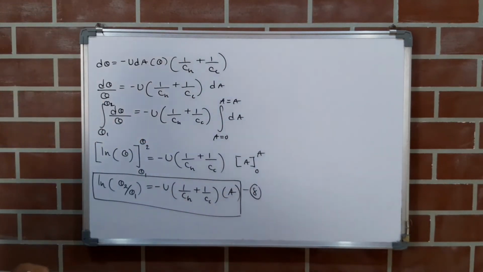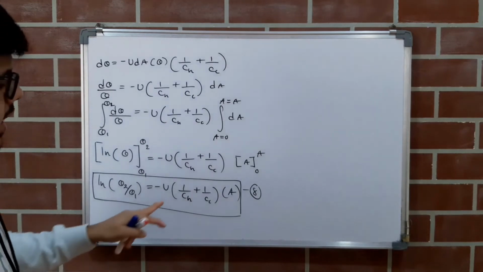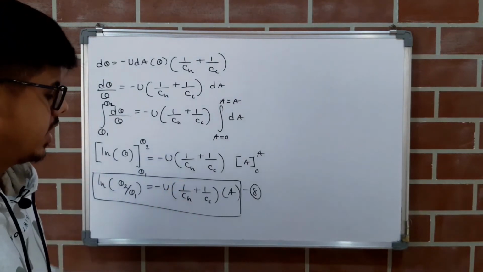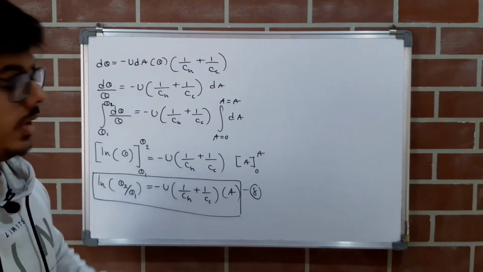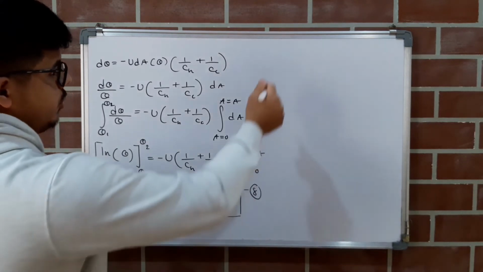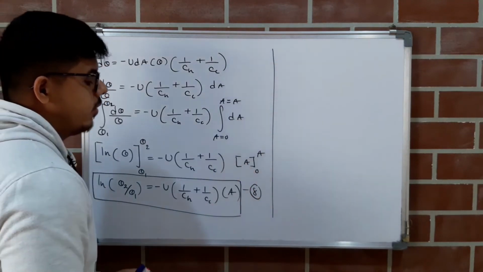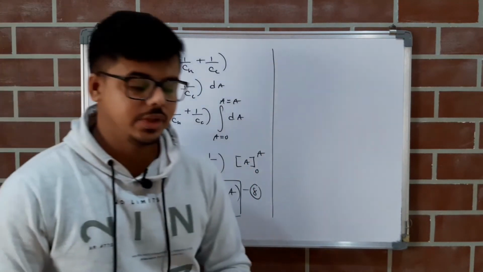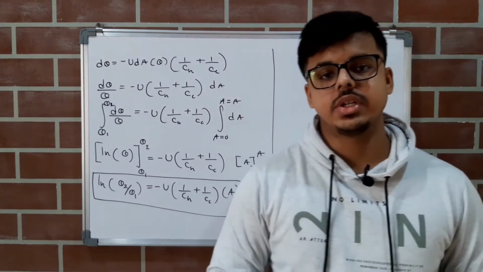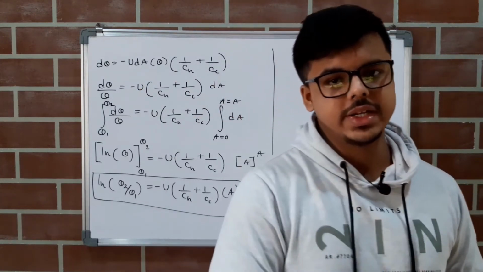Now what we will do? As we have these terms 1 upon ch plus 1 upon cc, we will find the formula for this. Means we will get some formula which has these parts. So for that we have the energy balance equation, and I will now write it for the whole heat exchanger.